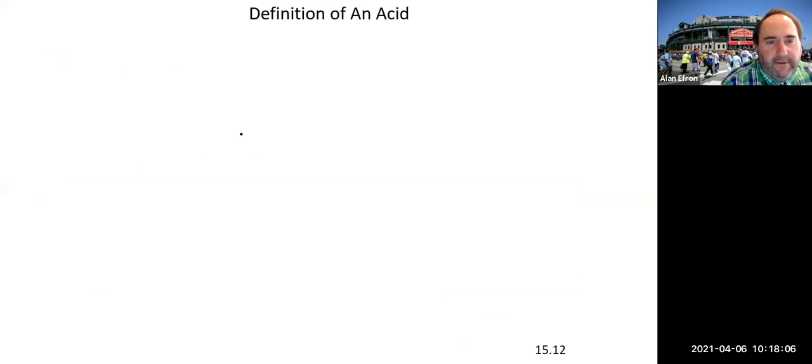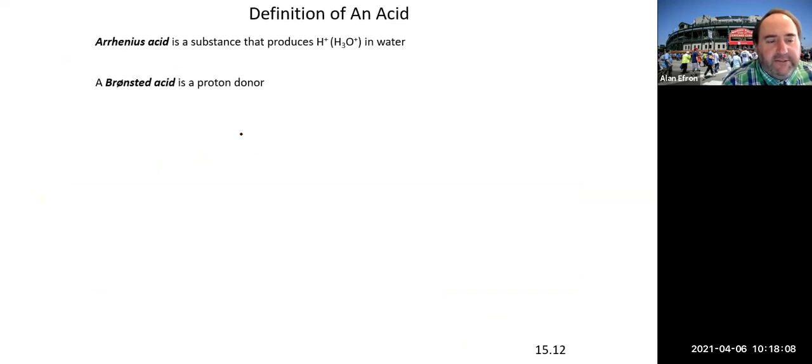Now, up to this point, we talked about a couple of definitions of an acid and base. And of course, we would want to talk about another definition as well. We have the Arrhenius definition, which basically produces H plus in water for an acid, or produces hydroxide if we're talking about a base.